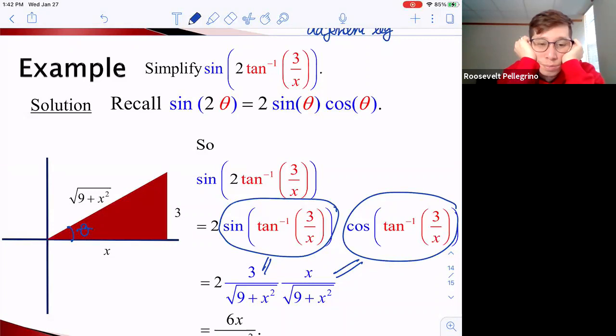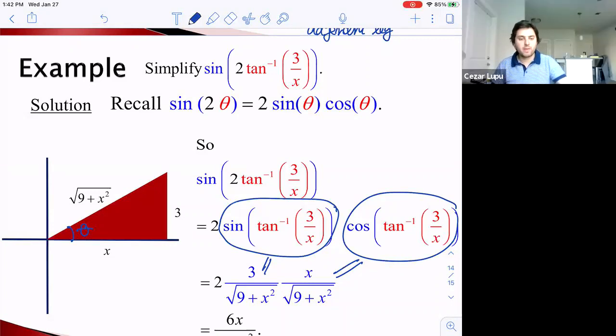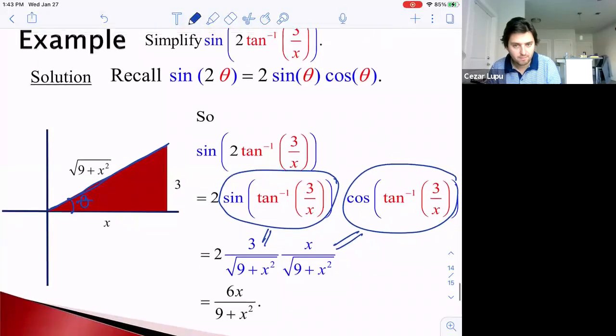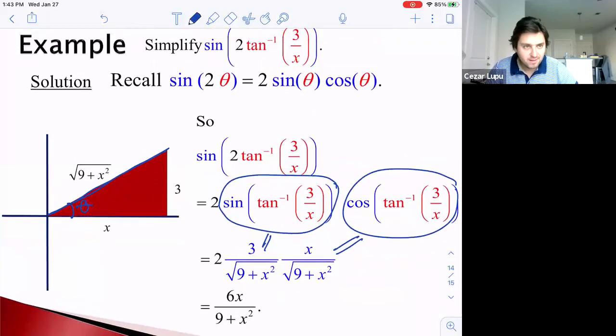Now you can find the hypotenuse by Pythagoras. Then you just do the same things, and at the end it will give you something like this. Anyway, I'm a little bit rushing through this. Is it clear? I'm going to leave the details to you.